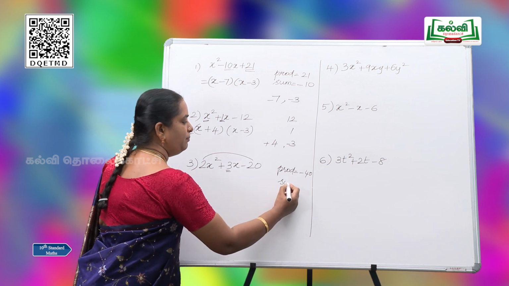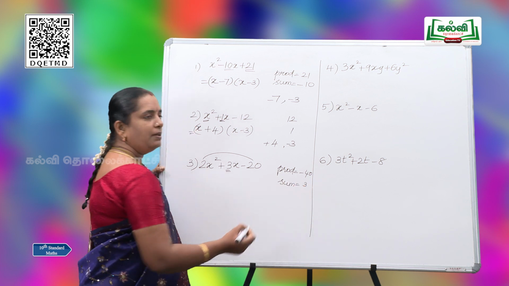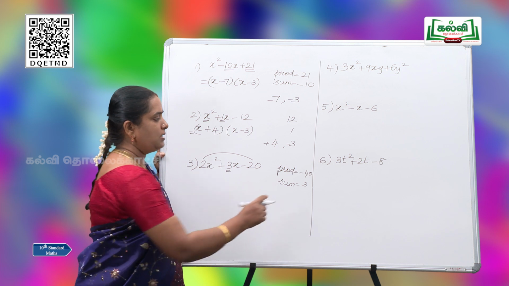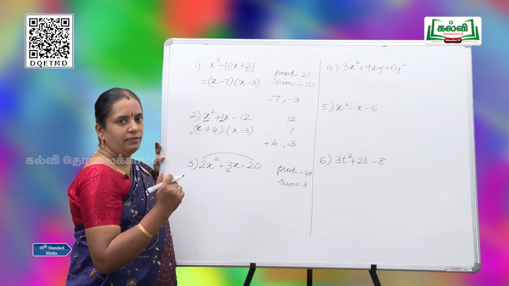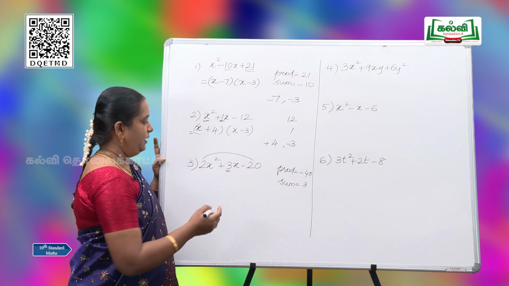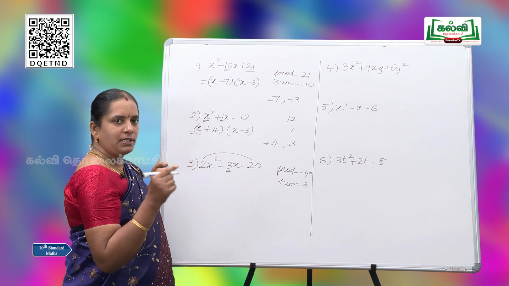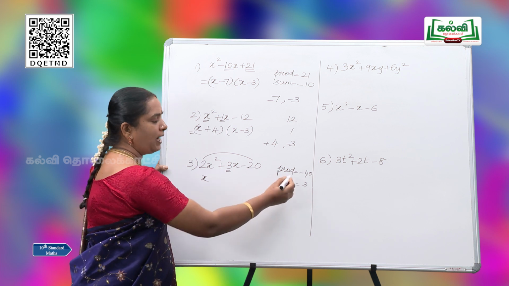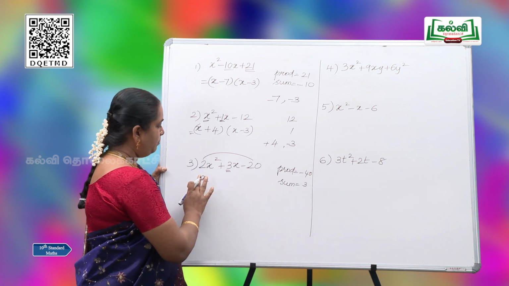So, here the sum is written as 3, but you have to think that the numbers differ by 3. So, what are the numbers? Very good, 8 and 5. Since the sum is positive, the larger number should have positive sign.